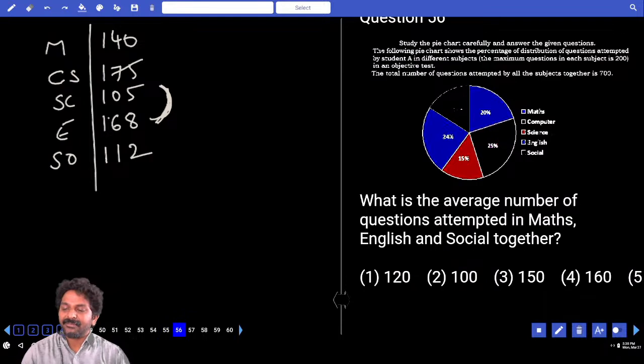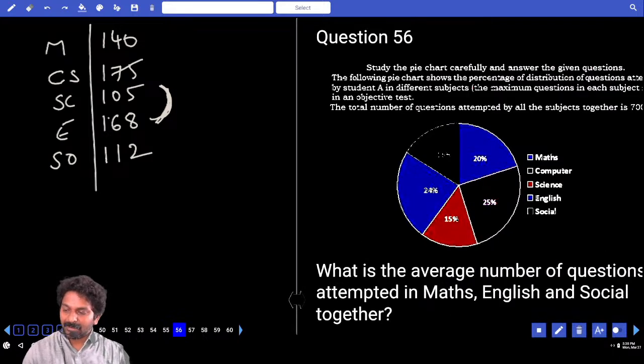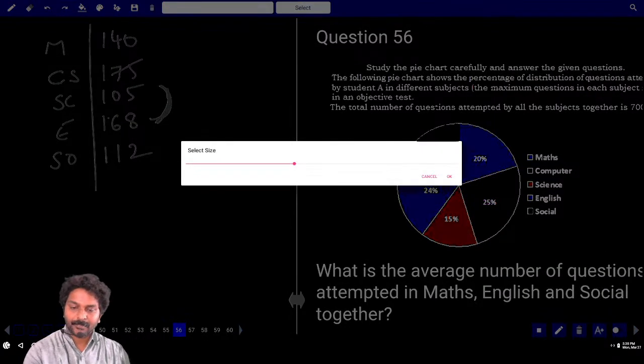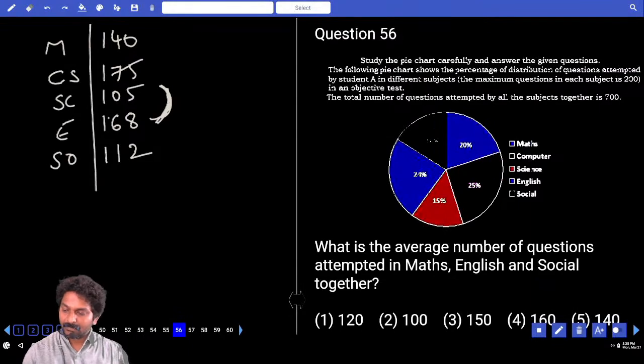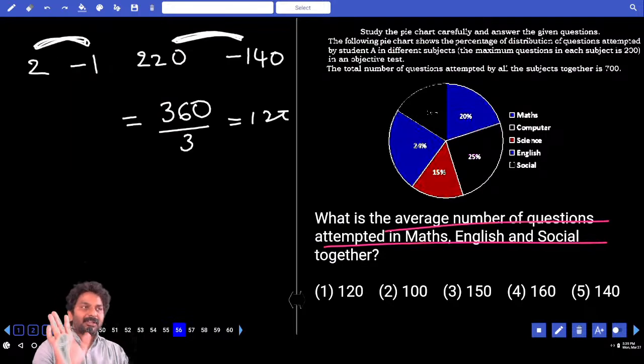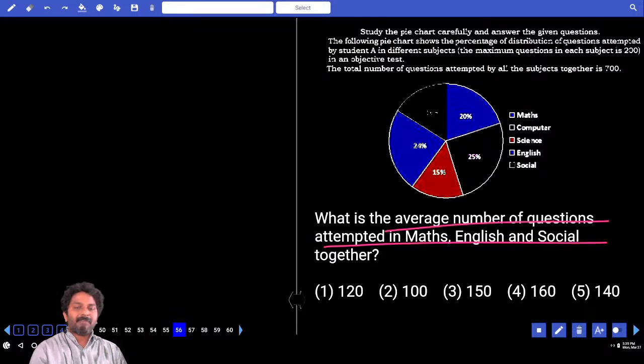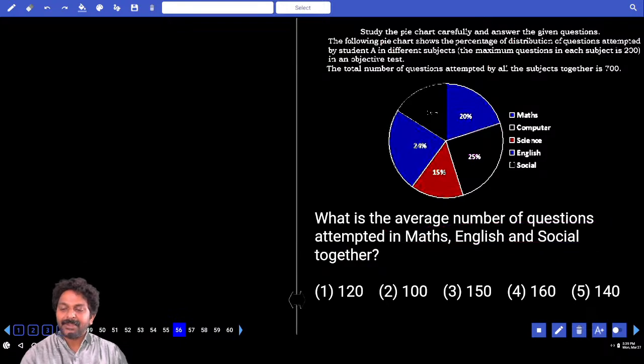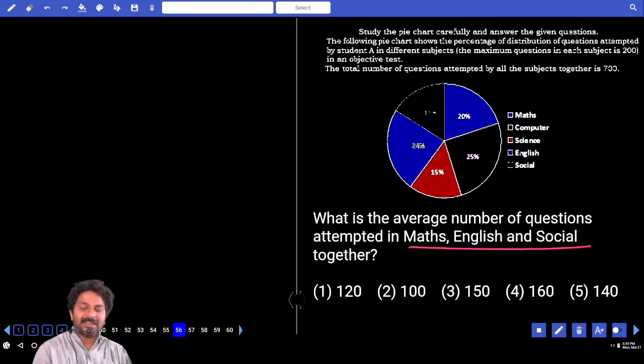What is the average number of questions attempted in maths, English and social? Okay, I don't even go to the data. When you add marks obtained in maths, English and then science, you'll get some percentage.